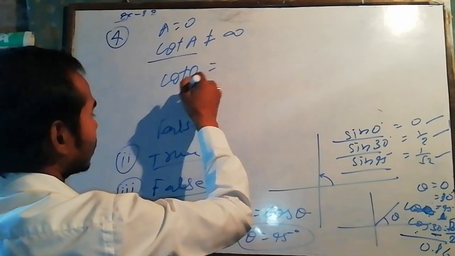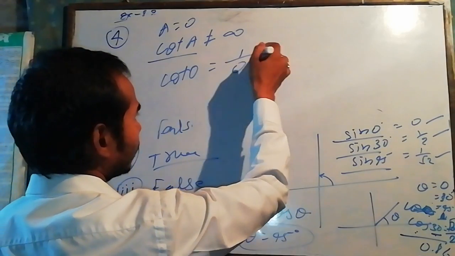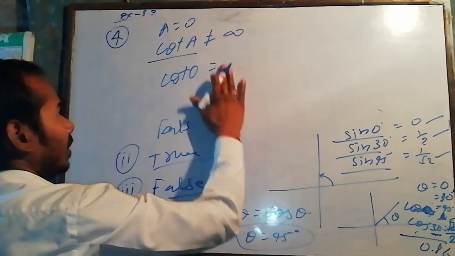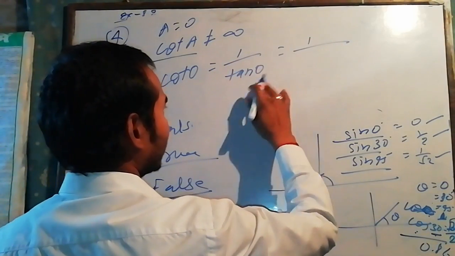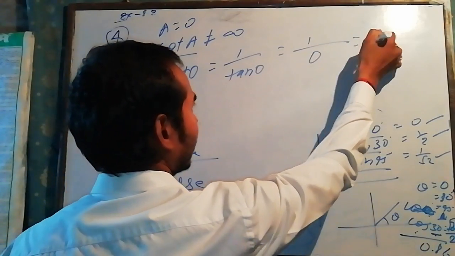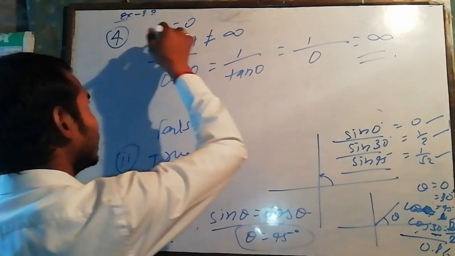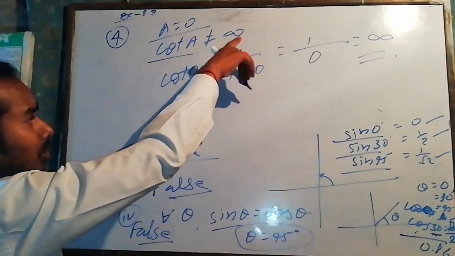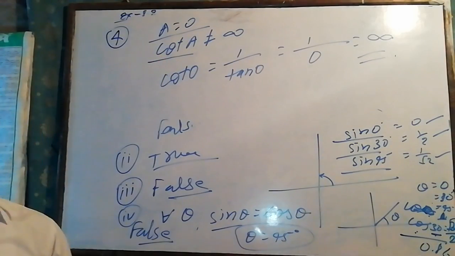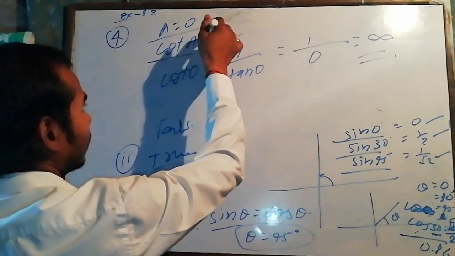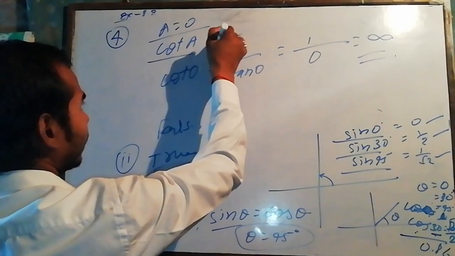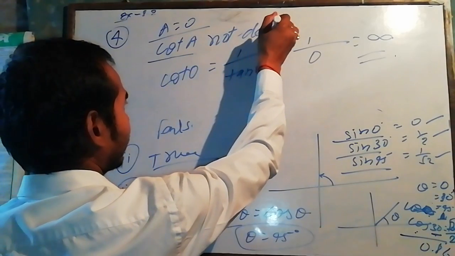Cot 0 equals 1 by tan 0, which is 1 by 0, so it is undefined. So here at A equals 0, cot A is undefined.